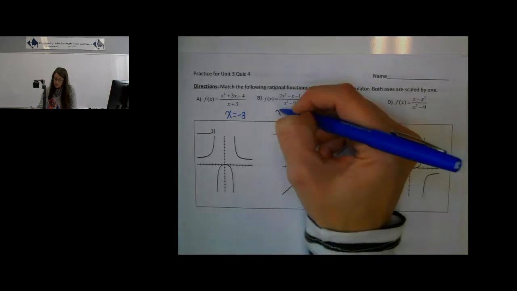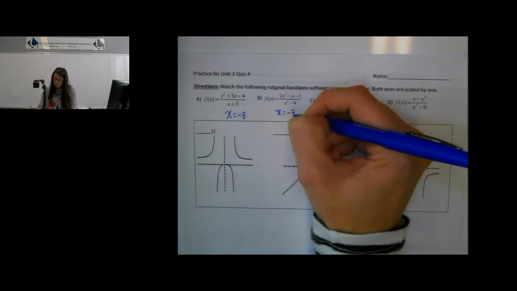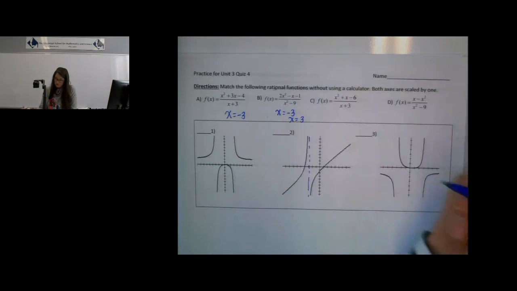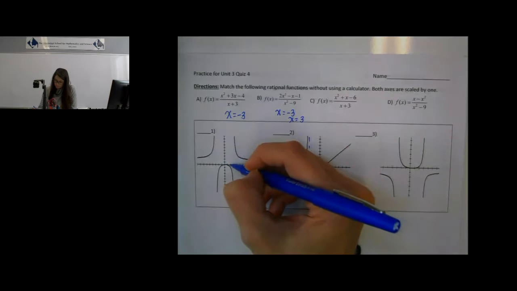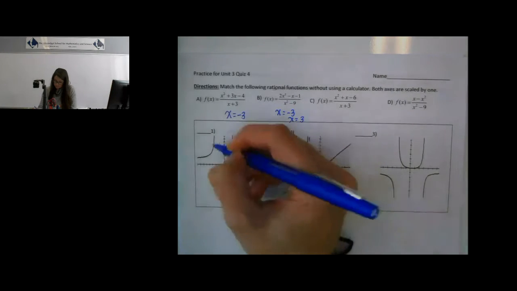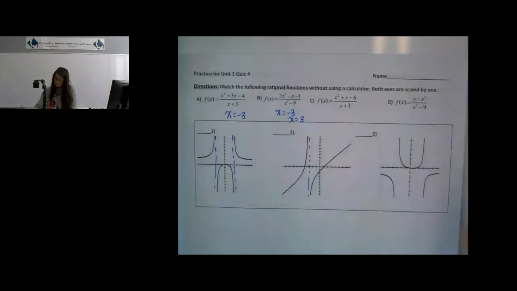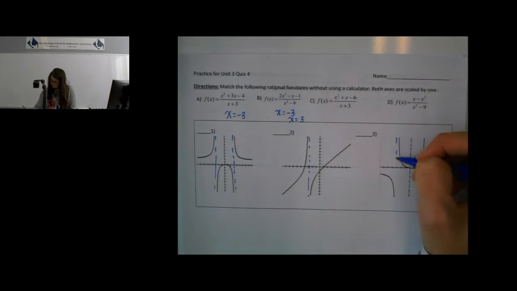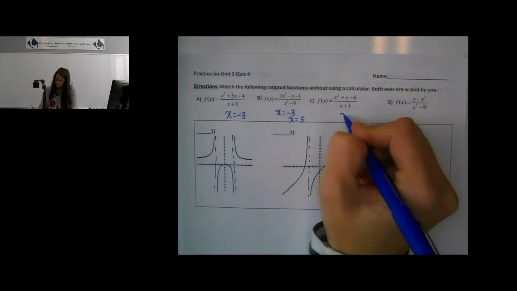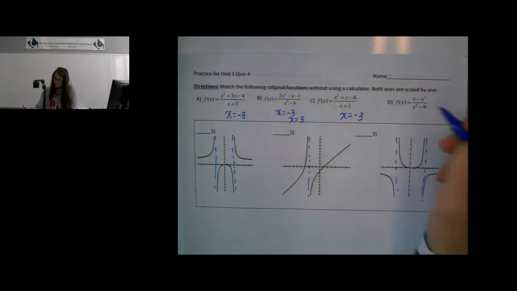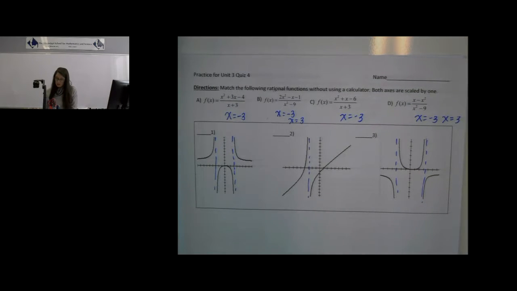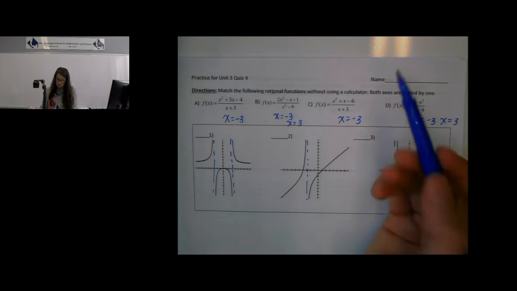I've got a vertical asymptote at -3 and +3 for this one. Okay, a vertical asymptote at x equals -3 and a vertical asymptote at x equals -3 and x equals +3 for those.